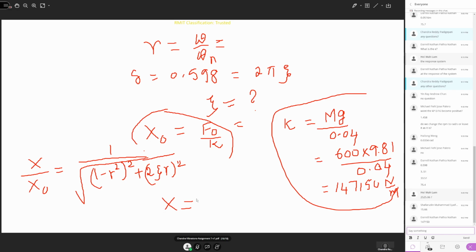Times 10 to the power of -3. 1.3. Huh? 1.33.